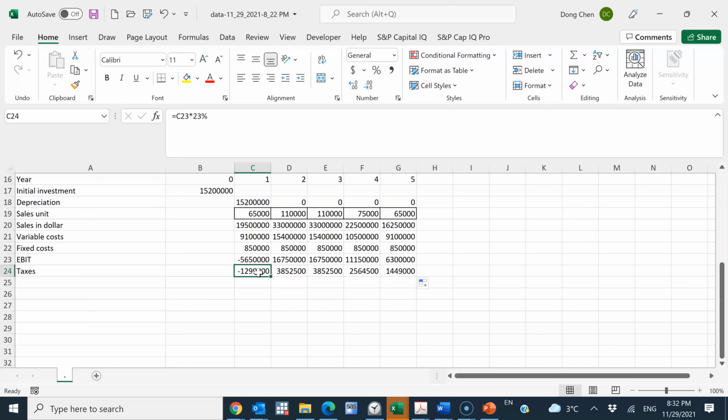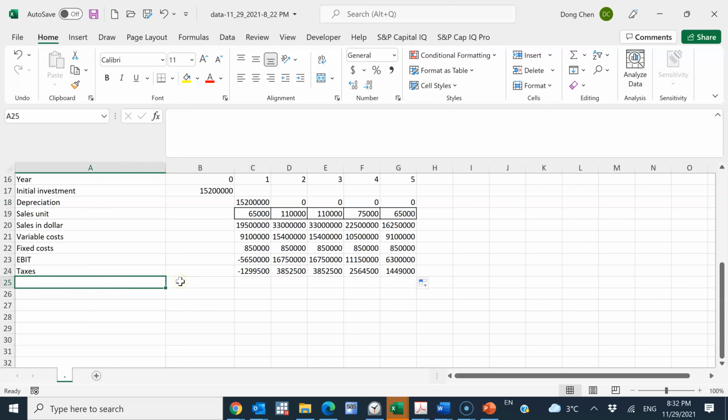It doesn't mean that. What this means is that the firm can use the loss from this particular project to shield the positive income from other parts of the firm's operations. In other words, the loss of this project in this particular year can be used to reduce the taxes from other parts of the operations. So that's where this negative tax comes from.